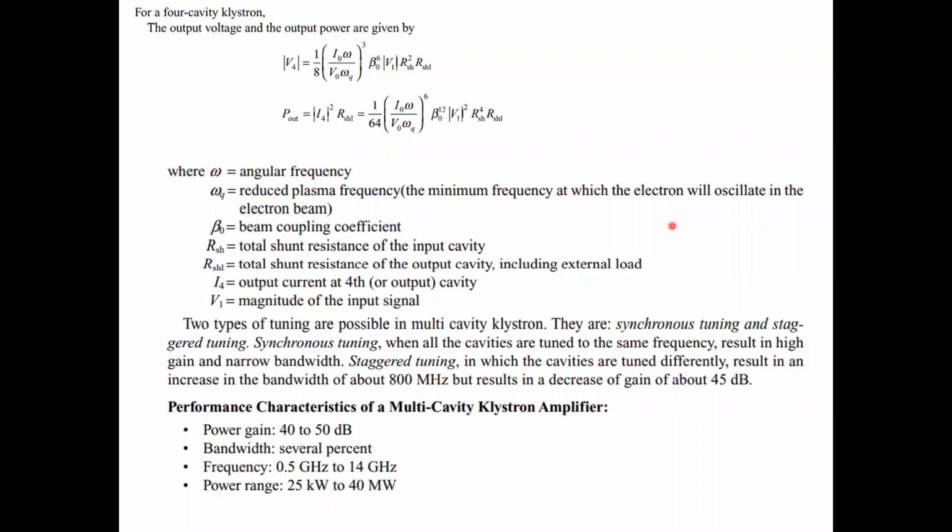For example, a 2-cavity klystron is able to provide a gain of 20 dB, but the multi-cavity klystron is able to provide a power gain of 40 dB. The frequency is also improved up to 14 gigahertz operating frequency. The power is also improved up to 40 megawatt, so kilowatt to megawatt.